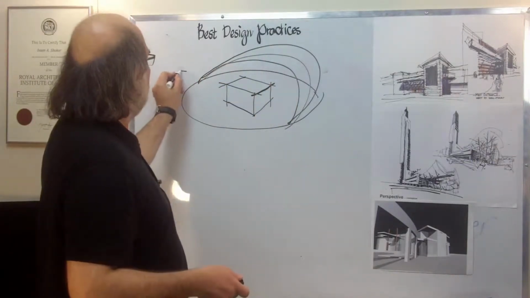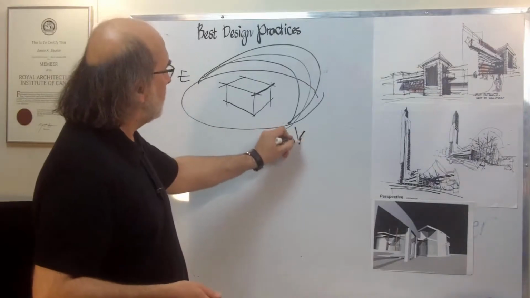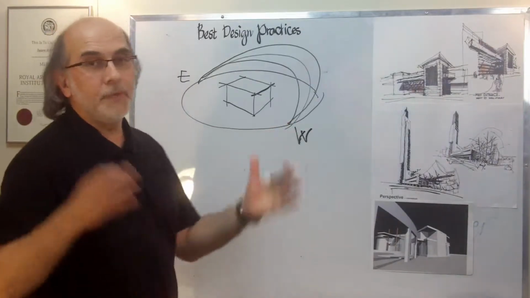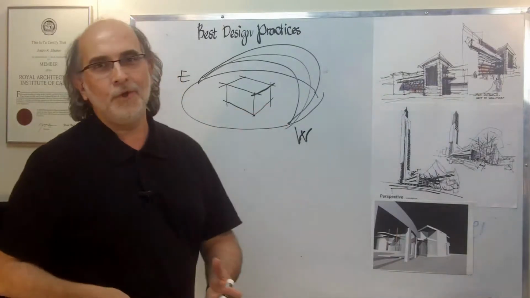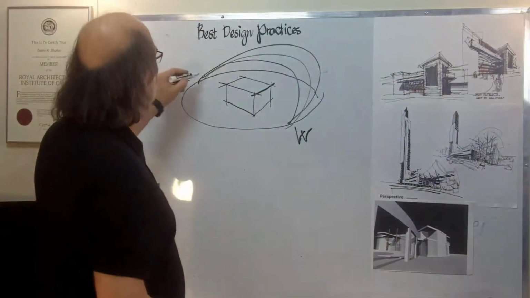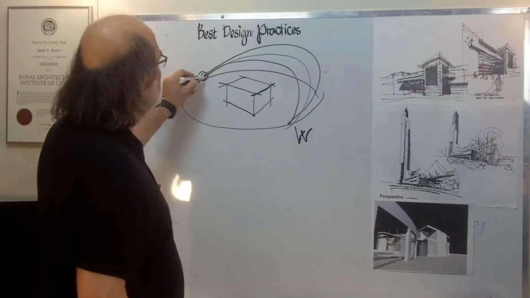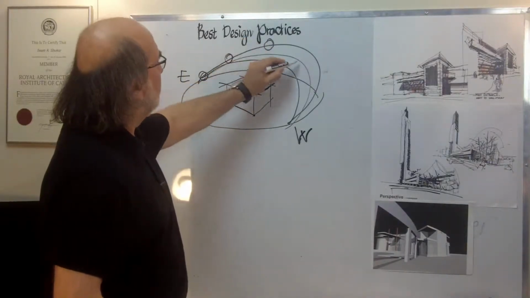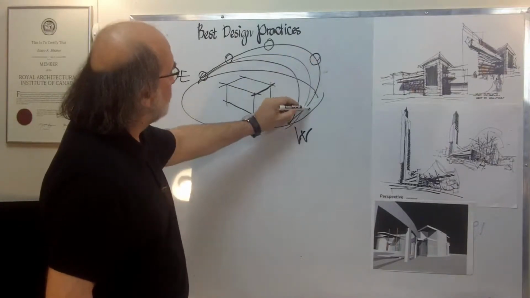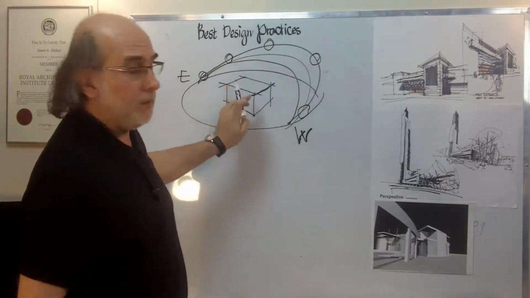If this is the east and this is the west, then theoretically the sun rises. It's actually the earth rotating towards the east, so the sun rises, and as the day moves on, the sun changes location vis-a-vis the building.